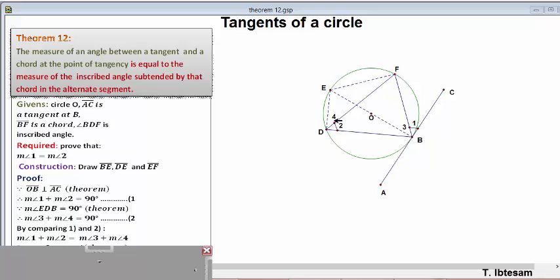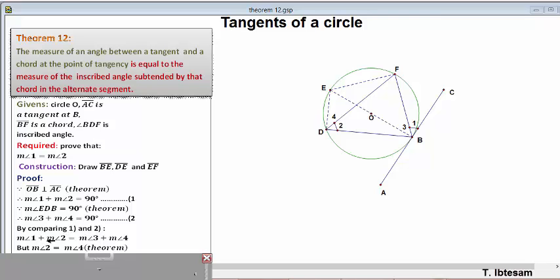The arc of angle 4 is what? Also it's E and F. So they have the same arc. What does it mean? It means angle 3 and angle 4 are equal because they have the same arc, according to theorem. So 2 equals 4. The measure of the angle 2 equals the measure of the angle 4.